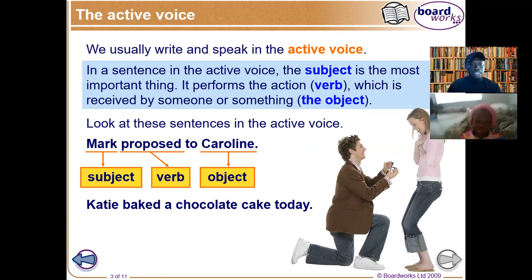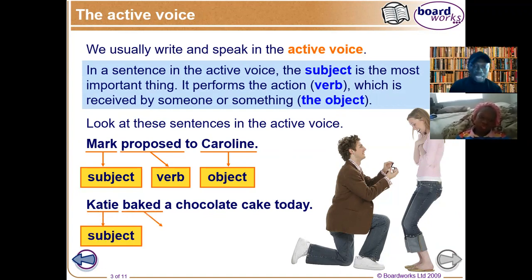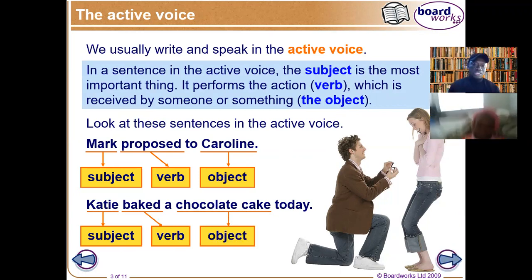Now, Katie baked a chocolate cake today. The subject obviously is Katie. Now, this is an active voice because the subject begins the sentence. Okay? So for active voice, the subject must begin the sentence.